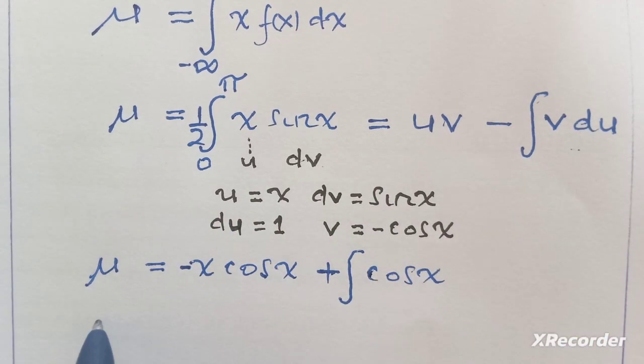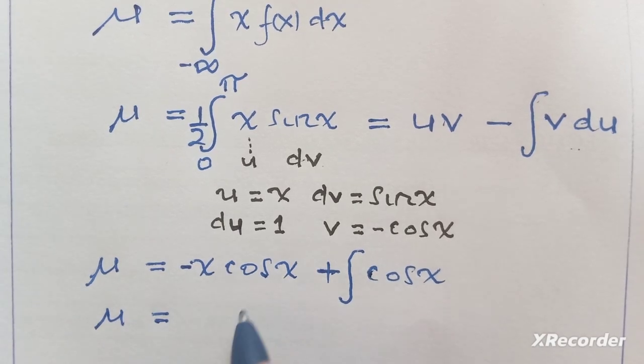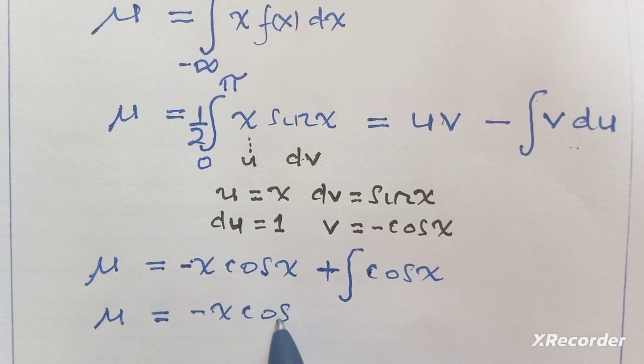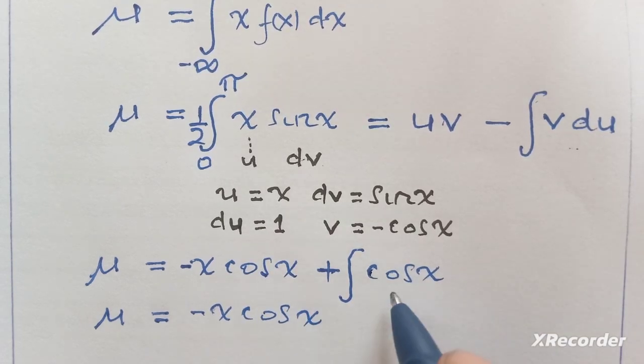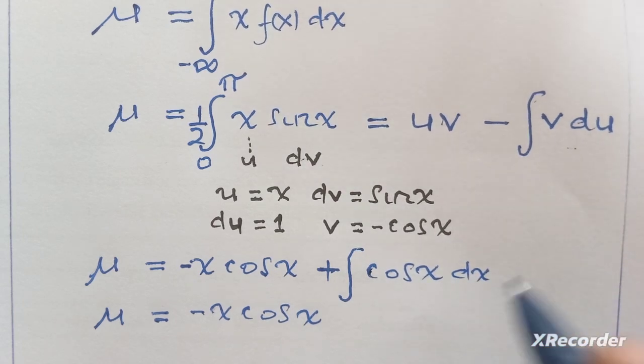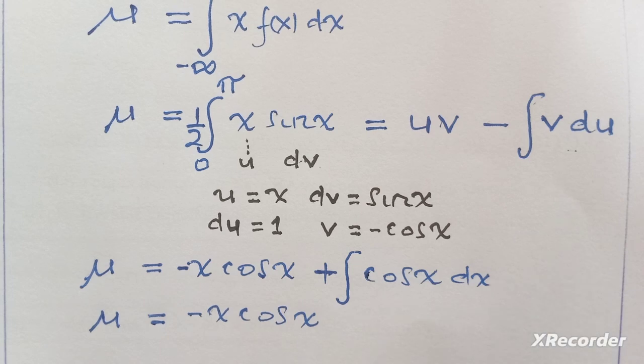So we continue: minus x cos x. Now for this one, there is a dx there. The integration of cos gives us sine.